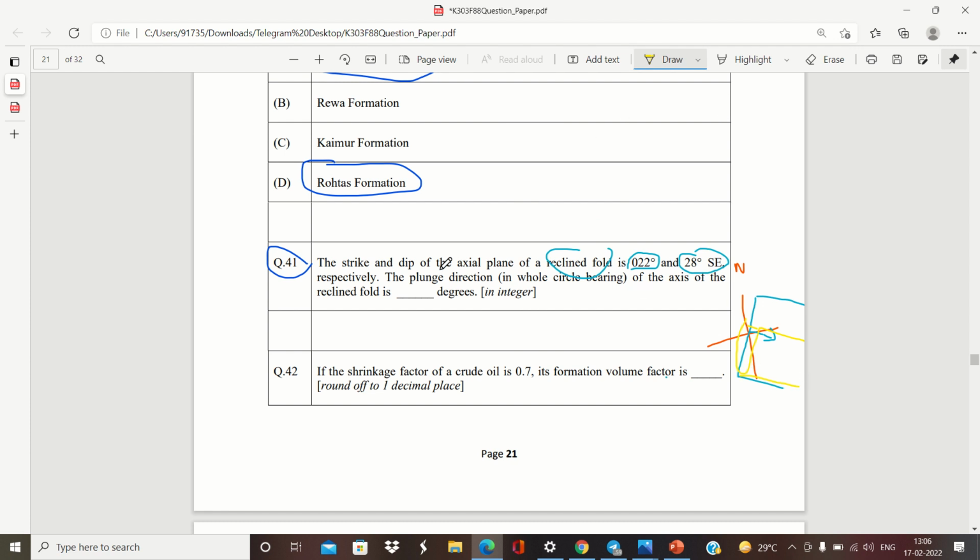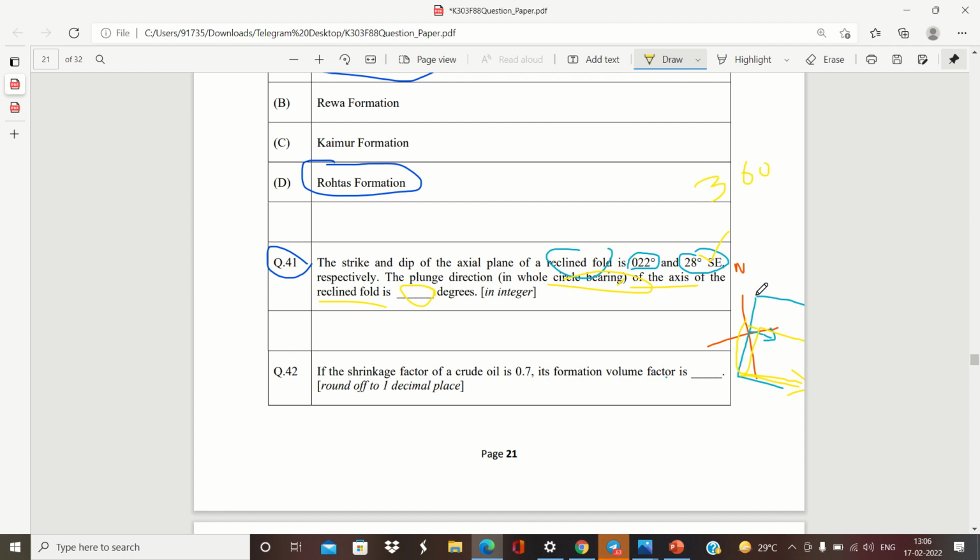Now they are asking about the plunge direction of the axis of the reclined fold in degrees. So definitely the plunge will be this, and it is exactly the same as the dip direction and amount. They are asking in whole circle bearing. That means they are asking out of 360 we have to tell.